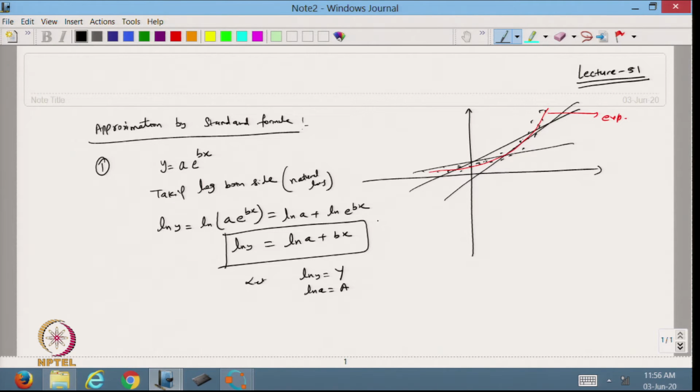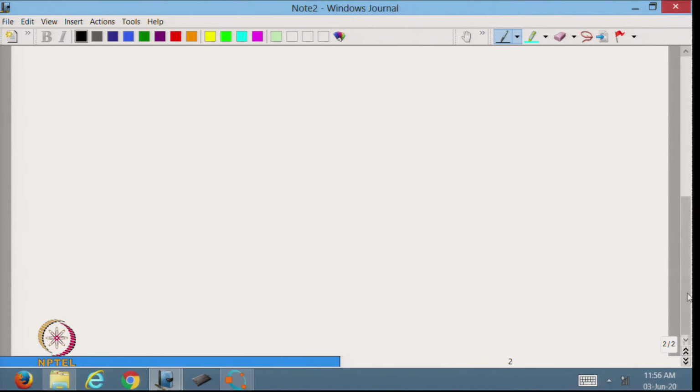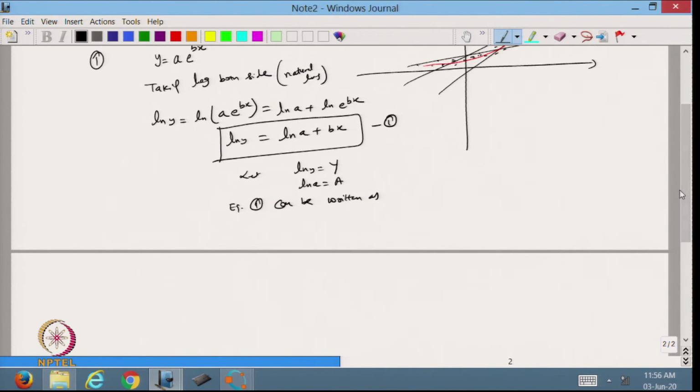So from here, equation 1 can be written as Y = A + bx, and that is the equation of a line. We know how to find the equation of a line using the least square approximation.